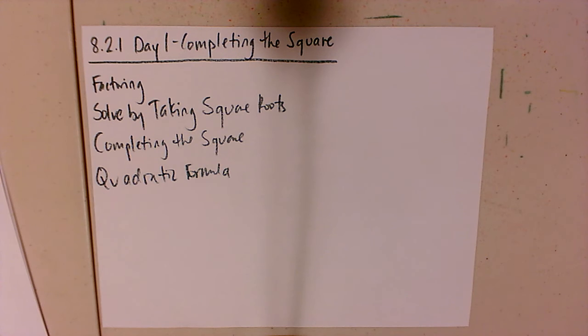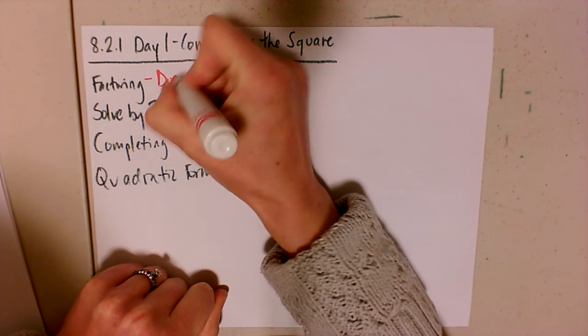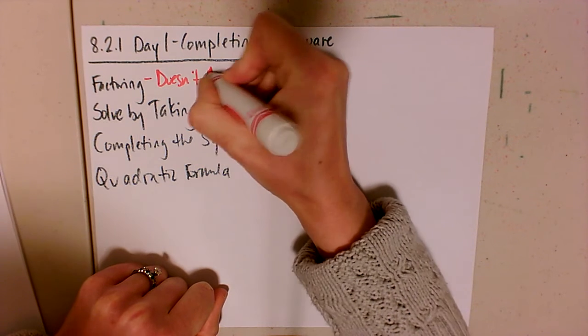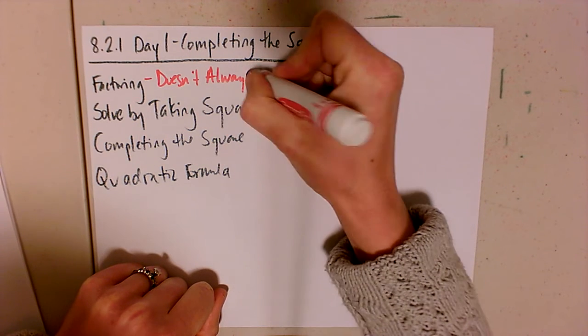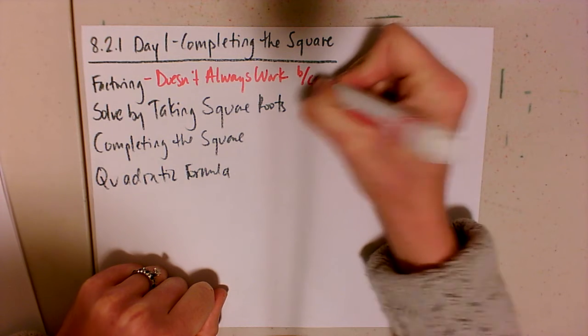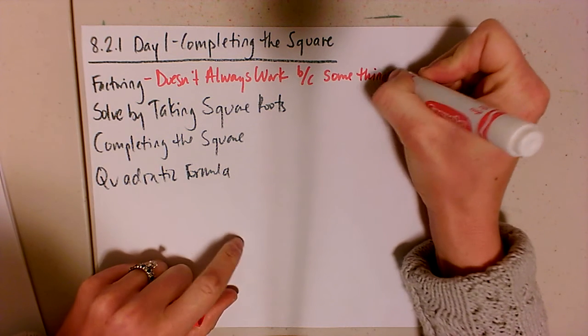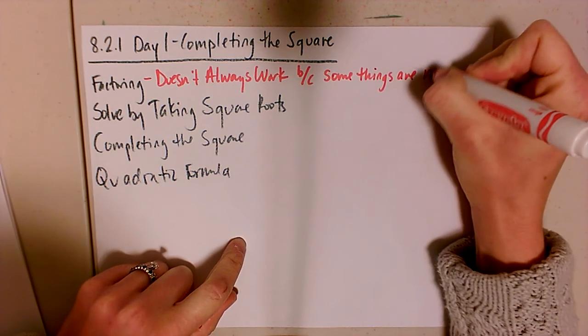There are a few things that we can say about all of these methods. Solving by factoring doesn't always work, because there are just some things that you can't factor.